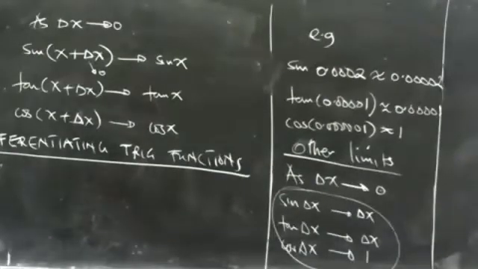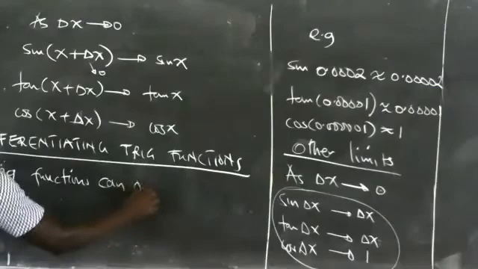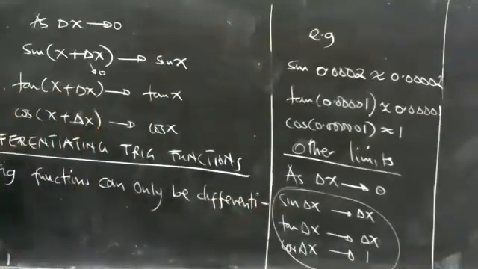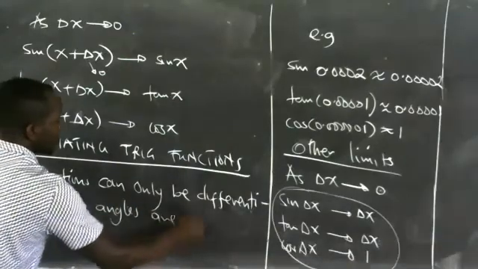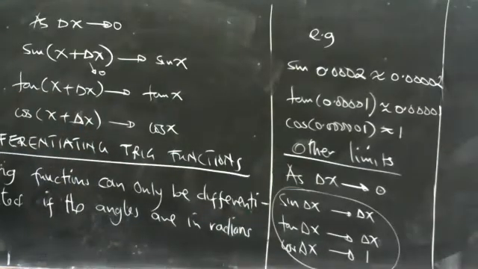Differentiate trig functions, then you write: trig functions can only be differentiated if the angles are in radians.